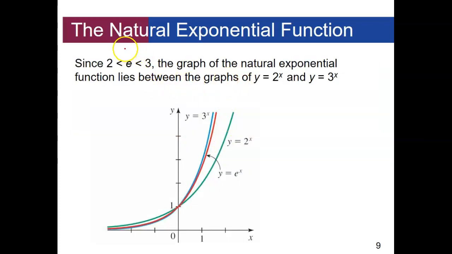The e, which we said was 2.718, falls between 2 and 3. And therefore it would be a growth equation, and you can kind of see how it fits between an exponential function with a base of 2 and an exponential function with a base of 3.